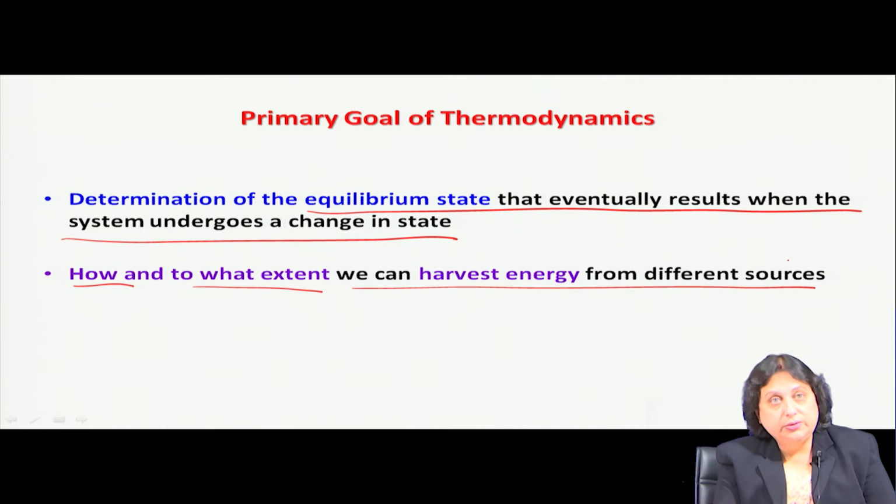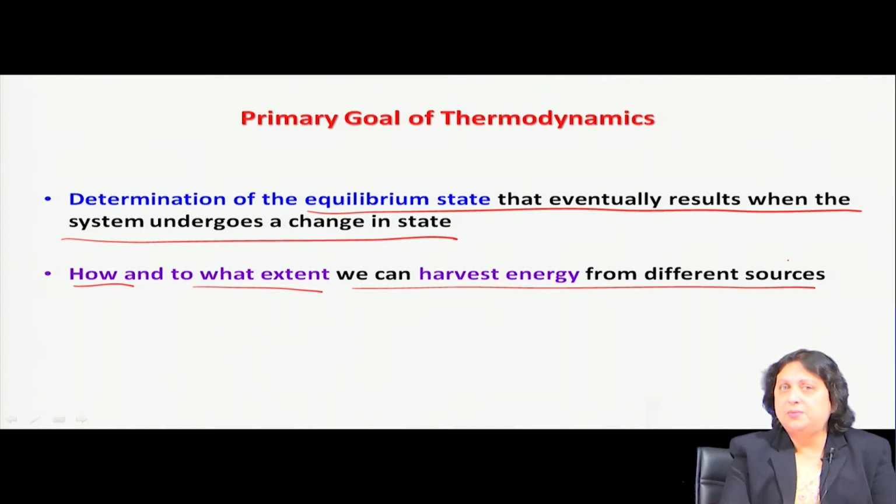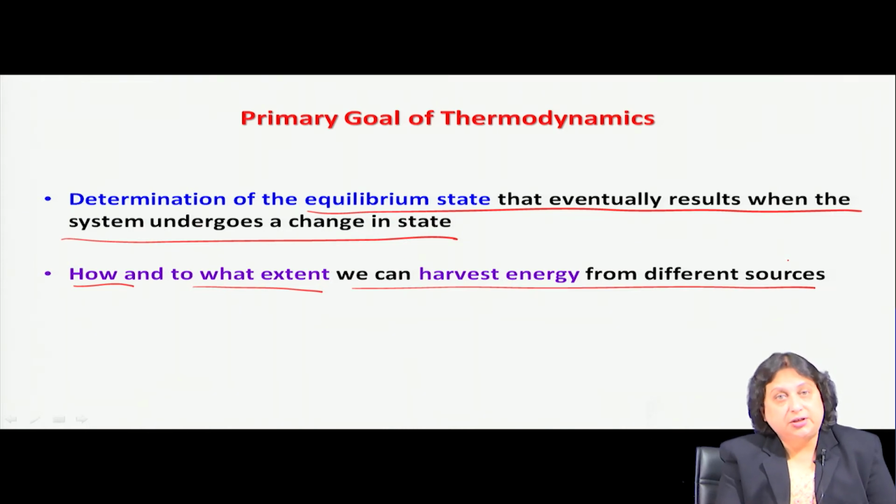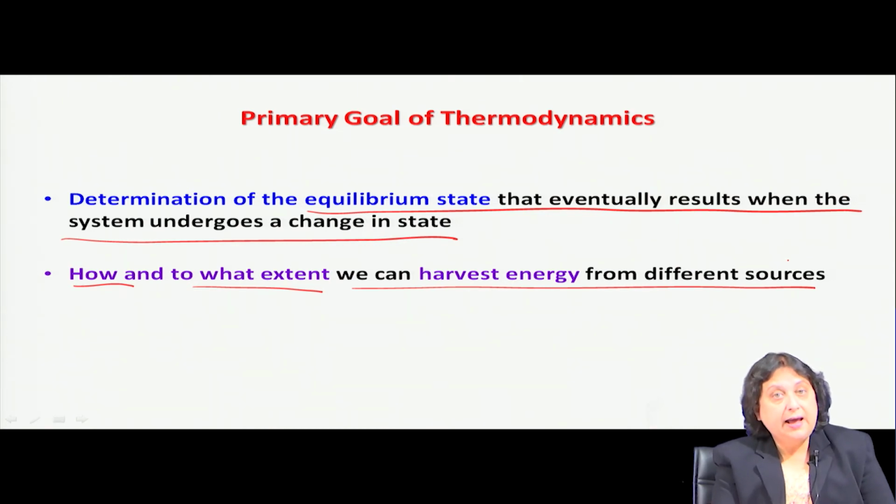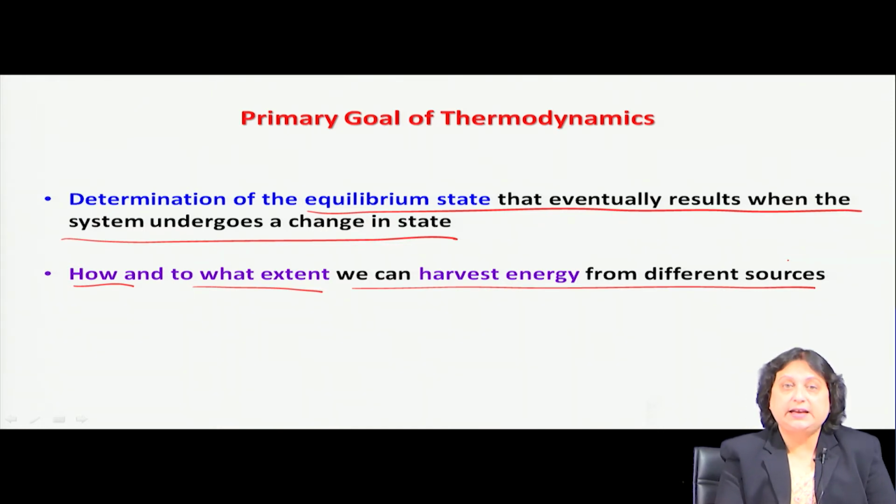And in order to do that, we need to understand that if I am recruiting a machine today and putting it in action to do some useful work on my behalf, then how do I do it? And if I have to run the machine, I'll have to give some input of energy. So to what extent will this input energy be converted to doing external work?